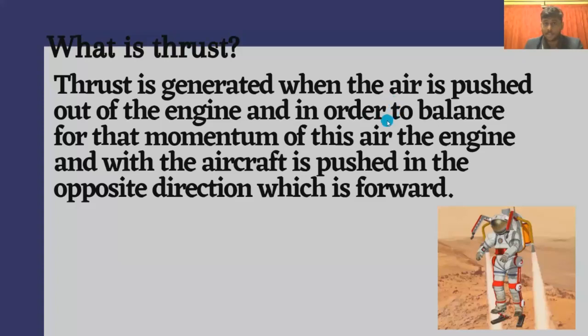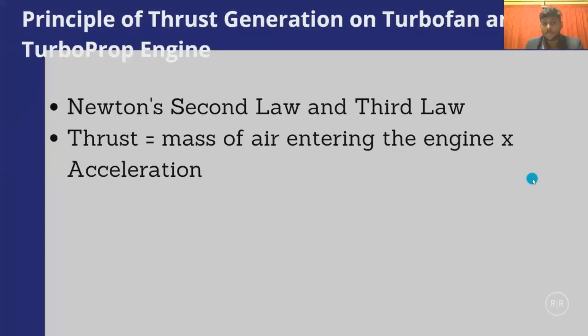Thrust is generated when air is pushed out of the engine, and to balance the momentum of this air, the engine and the aircraft are pushed in the opposite direction, which is forward. It's like a jetpack for astronauts, which makes them move up even though the jet itself is going downward. Thrust equals the mass of air entering the engine multiplied by the acceleration.